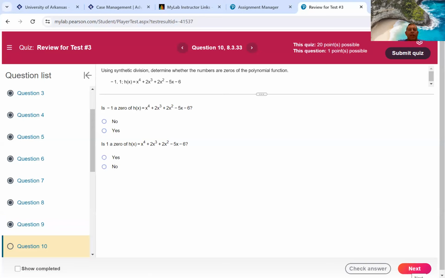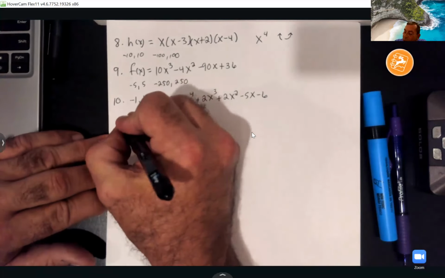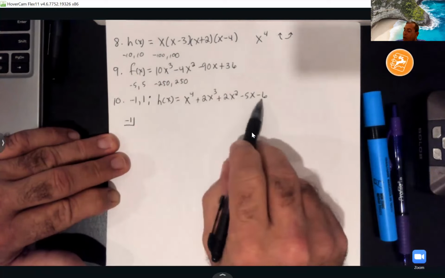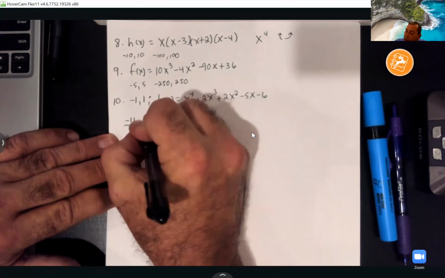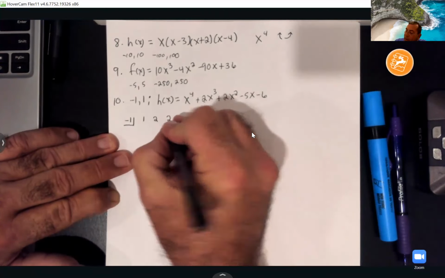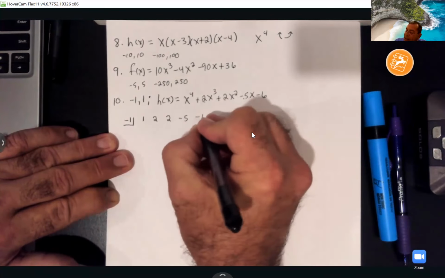So these are yes or no questions. So let's go do some synthetic division. So the first zero I'm going to check for is this -1. Then I'm going to write out all my coefficients. So I got a 1, a 2, a 2, a -5, and a -6.